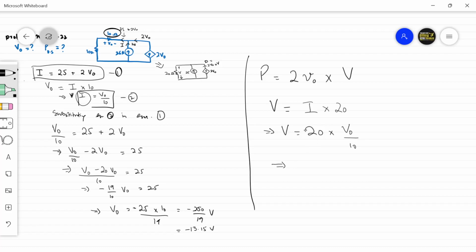So capital V is equal to 2V naught. We are getting this value of V.